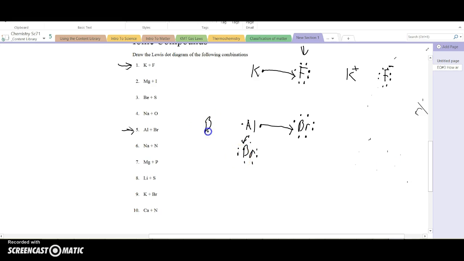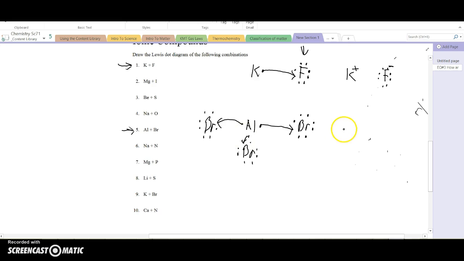But aluminum needs to get rid of 1 more, so it's going to give it to another bromine atom. Again, it has 7 valence electrons, so now this electron will go over here. Now, each bromine has 1, 2, 3, 4, 5, 6, 7, 8 electrons, and aluminum has gotten rid of its 3 valence electrons.